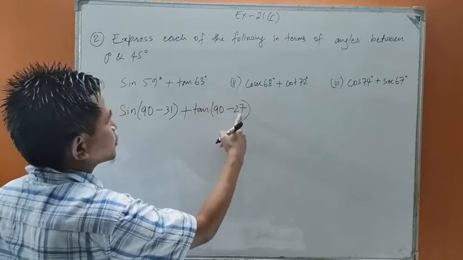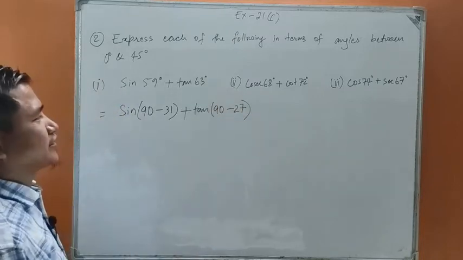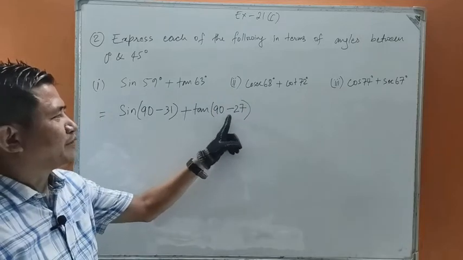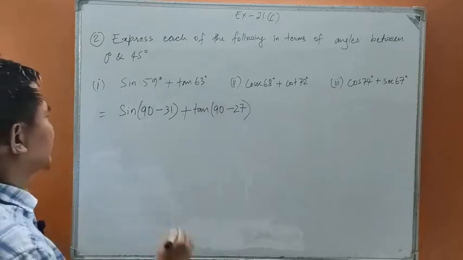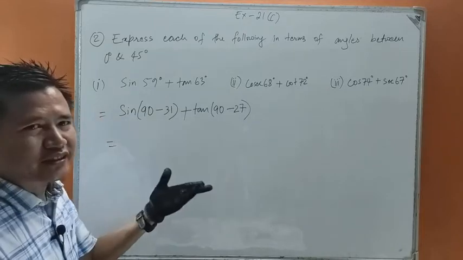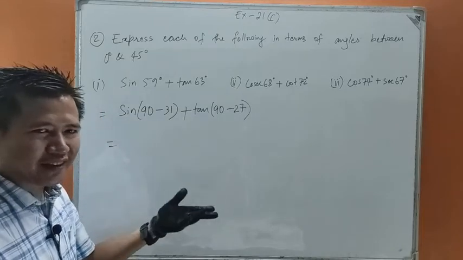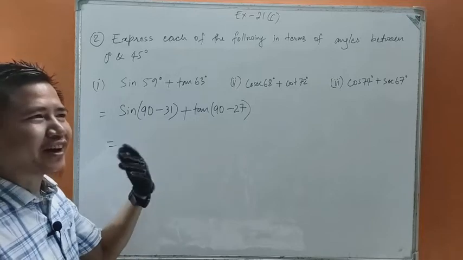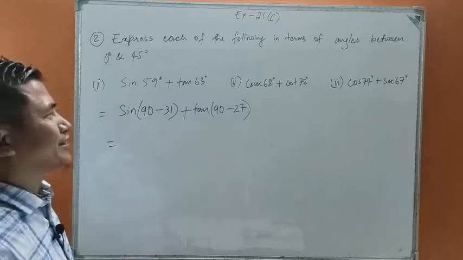So 90 minus 27 gives us 63. We have the formulas: sin 90 minus theta, cos 90 minus theta, sec 90 minus theta, tan 90 minus theta, cot 90 minus theta, cosec 90 minus theta.